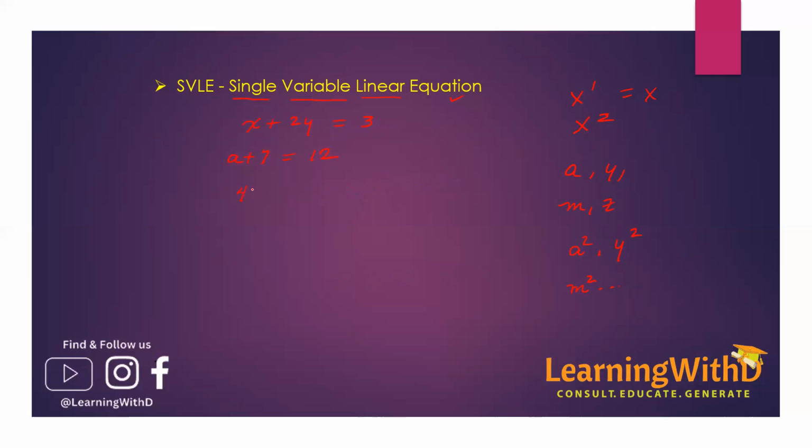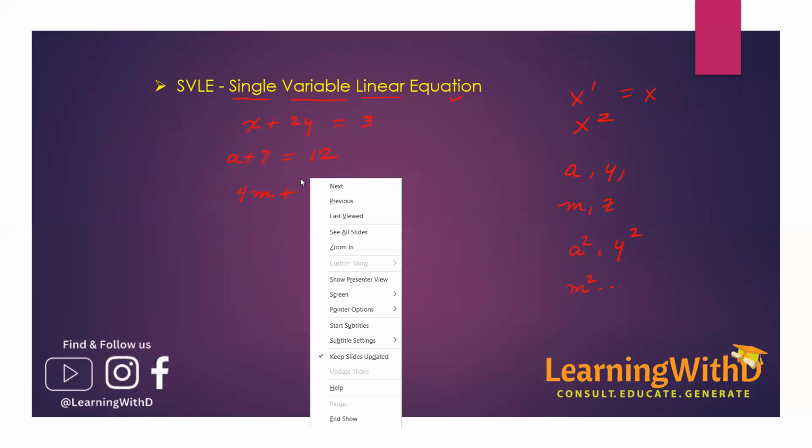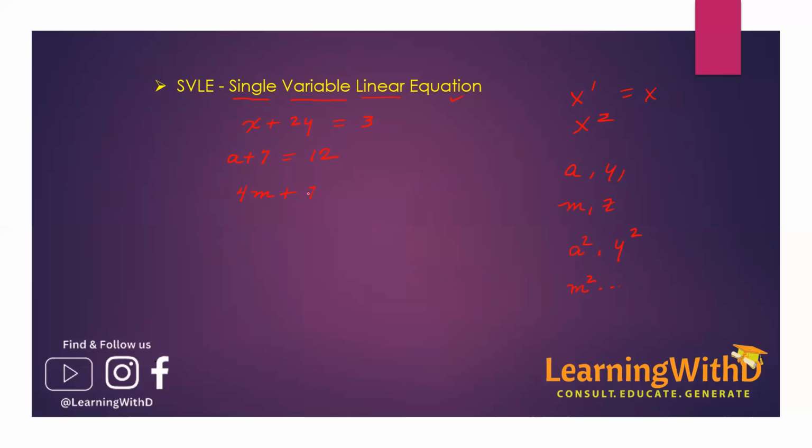4m plus 7 plus 7 is equal to 2m minus 6. Now we're going to learn how to solve these.